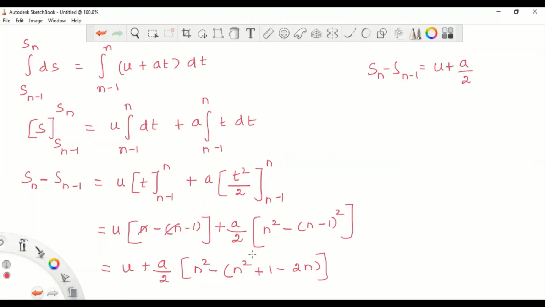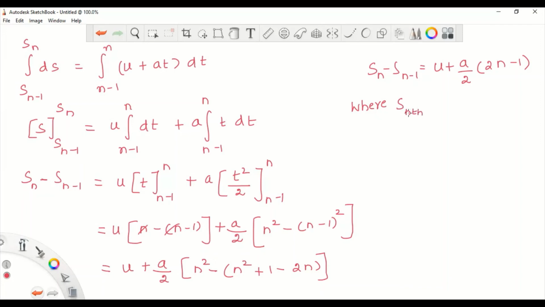This n square gets cancelled. Again, what do you have here? Here minus, here plus 1. So minus 1 plus 2n. So you will get 2n minus 1. Okay. So here you can write this Sn minus Sn minus 1 as Snth.